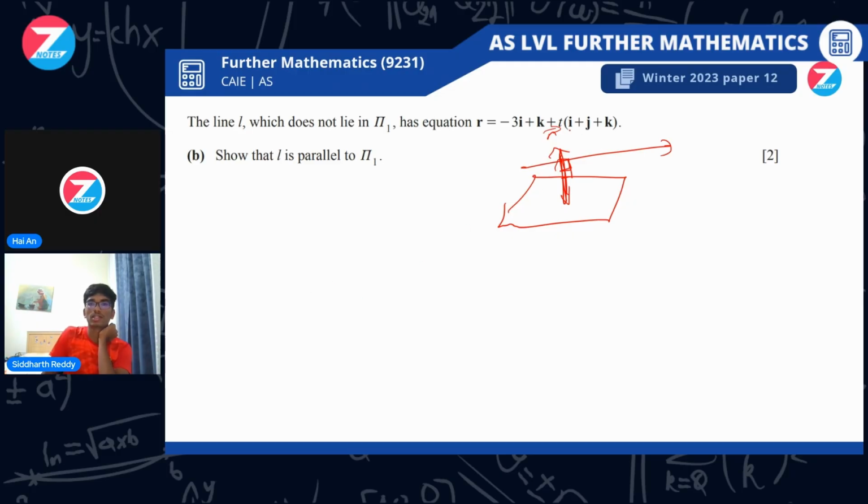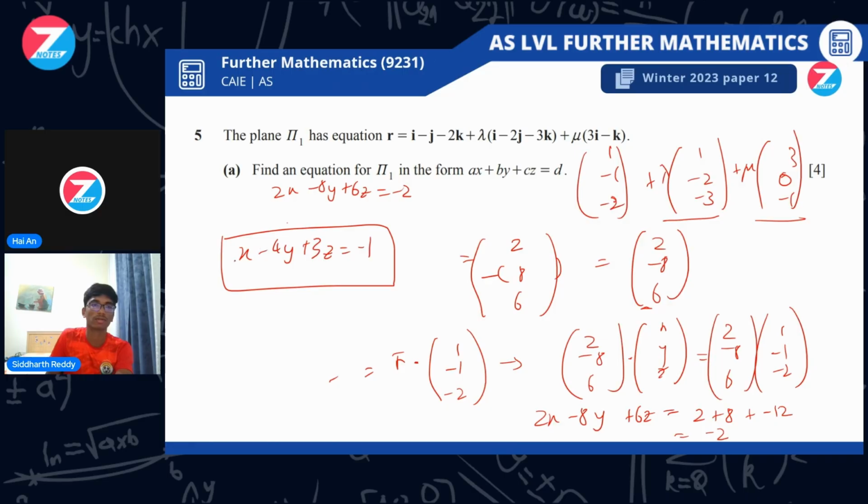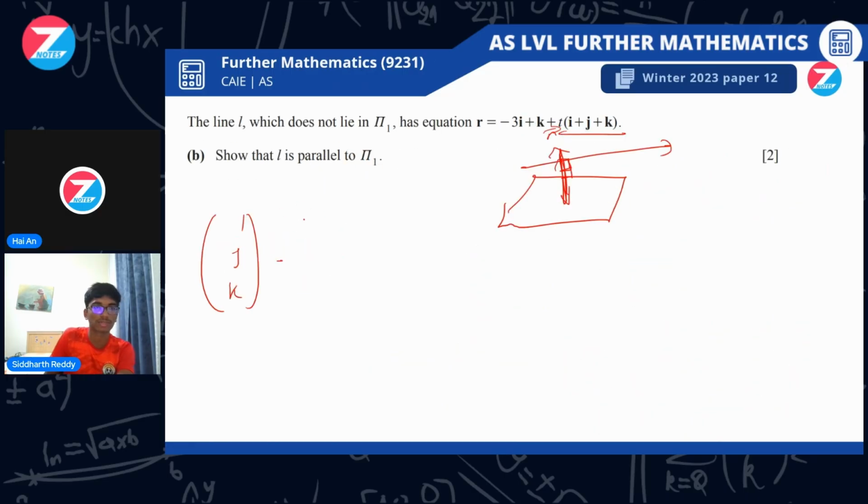So the direction vector is this, ijk. The normal vector is what we can also take as (1, minus 4, 3) instead of (2, minus 8, 6), since it's almost the same thing. So this dot product should be equal to 0 for it to be parallel. So let's calculate it. So it's not ijk, by the way, it's 1 1 1.